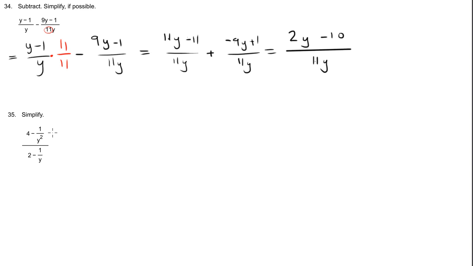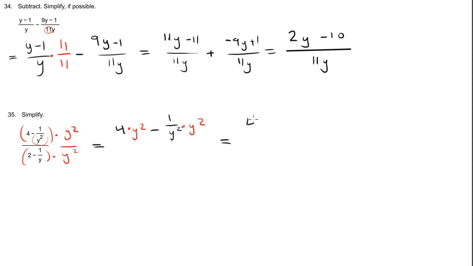35, we're looking to simplify this complex fraction. Well, my least common denominator here is y squared, so I'm going to multiply this whole top by y squared and this whole bottom by y squared. In this way, I'm multiplying everything by the same factor, y squared. So I'll have 4 times y squared minus 1 over y squared times y squared.